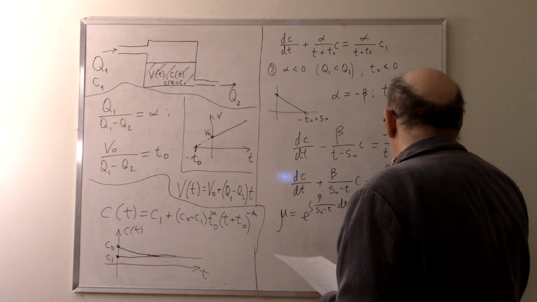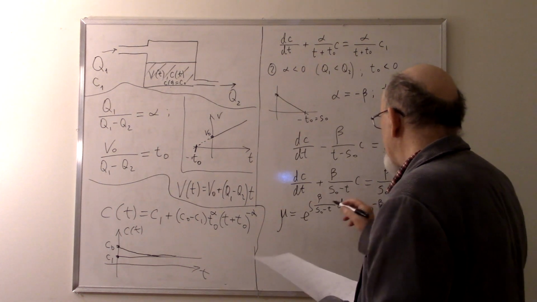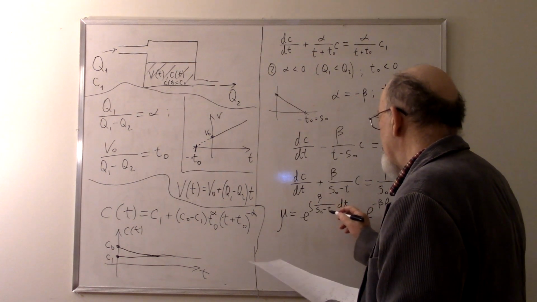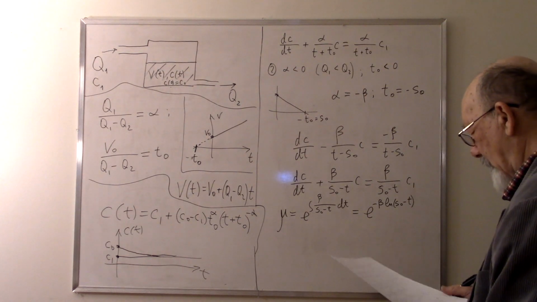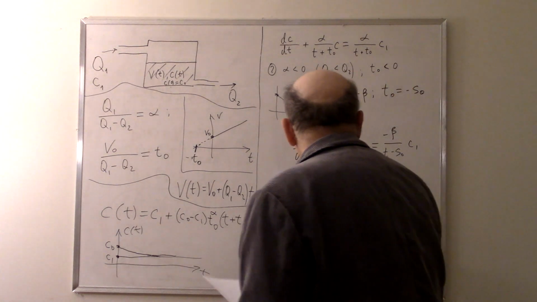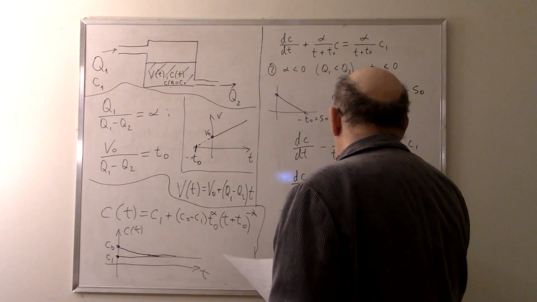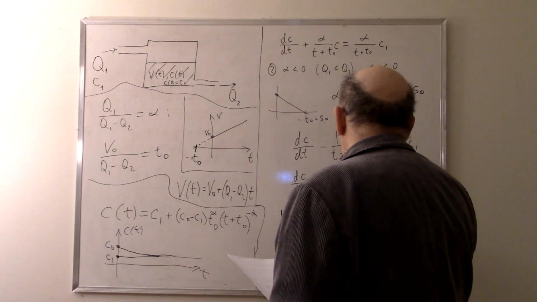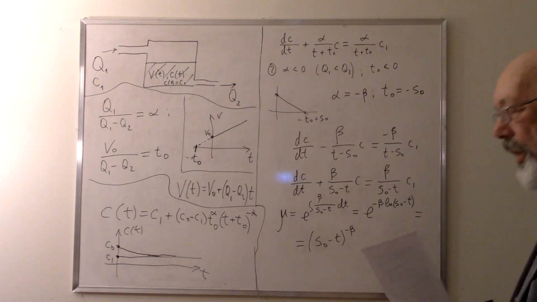Yeah? I changed the sign because here s0 minus t is in the denominator. Which is equal to (s0 minus t) to the power minus beta. Okay.